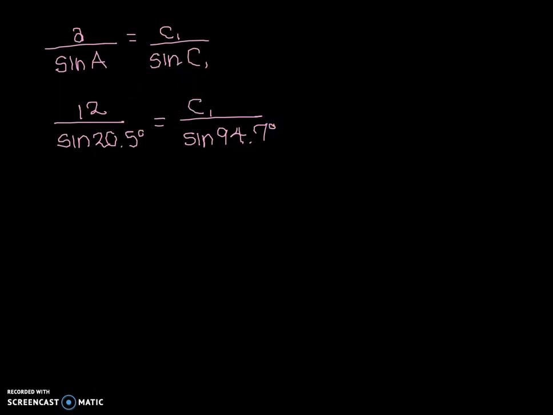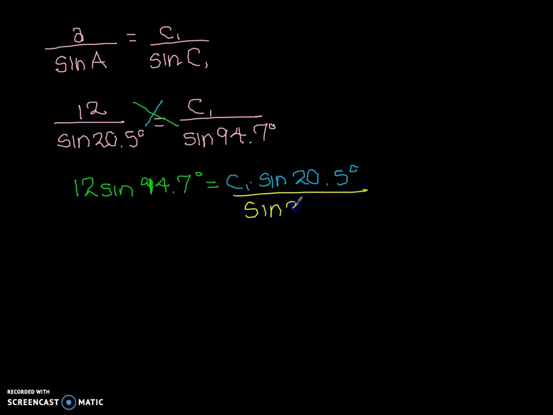So we have 12 times the sine of 94.7 equals C sub 1 times the sine of 20.5 degrees. I want to get C by itself, so it's being multiplied to the sine of 20.5, so I'm going to divide both sides by the sine of 20.5 degrees.